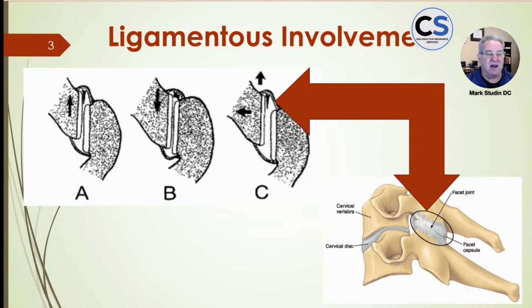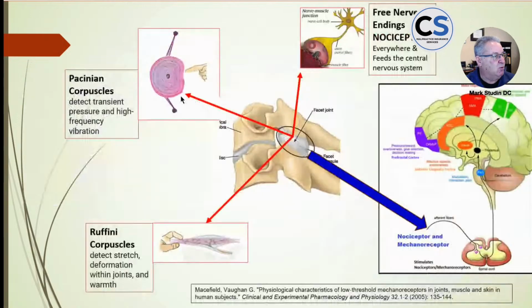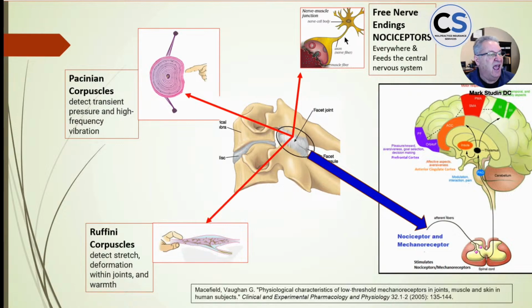But the other thing that occurs is you've got a joint capsule here. And that joint capsule is made of Pacinian corpuscles, which are your crimp receptors, Ruffini corpuscles, which are your stretch receptors, Golgi tendon apparatus, which I don't have on here, which are at the end of the tendons, and there are also ones in the ligaments, and more nociceptors in the area.